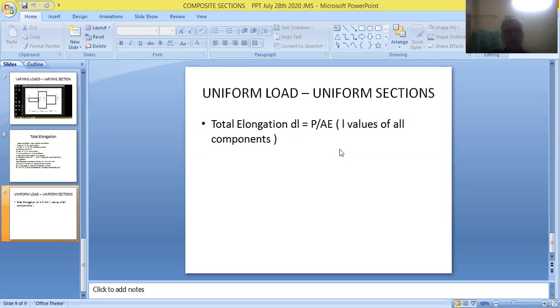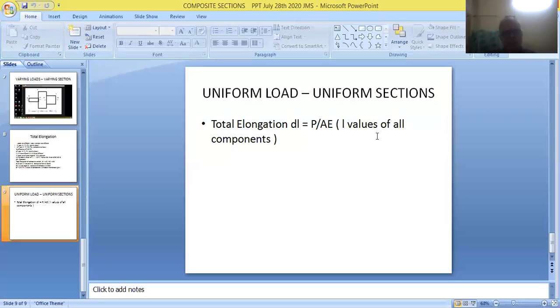So it is written as P by AE, out of the bracket, into L1 plus L2 plus L3. If it is given as a tensile load, all the values of L will be positive, that is plus L1 plus L2 plus L3.